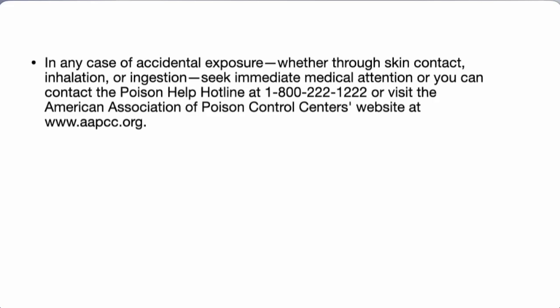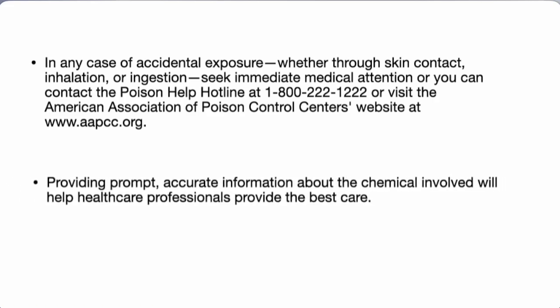In any case of accidental exposure, whether through skin contact, inhalation, or ingestion, seek immediate medical attention, or you can contact the Poison Help hotline at 1-800-222-1222 or visit the American Association of Poison Control Centers website at www.aapcc.org.